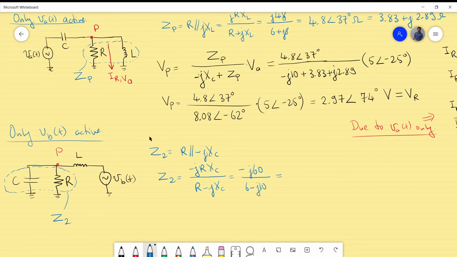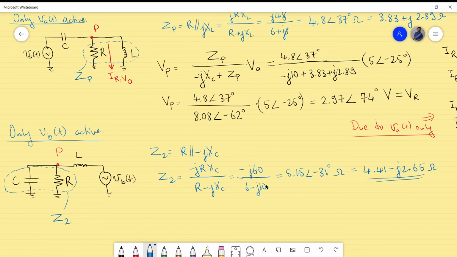Again, do the math here, it's very simple, I've already discussed it in previous videos, converting from the polar representation to rectangular and the other way around. In the polar representation you will have 5.15 phase of minus 31 degrees ohms, and in the rectangular representation it will be 4.41 minus j2.65.